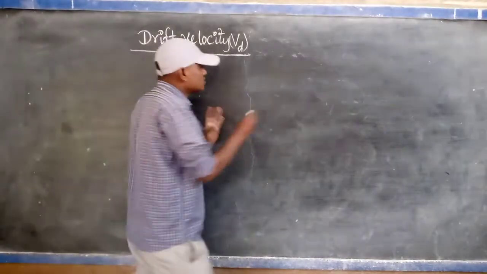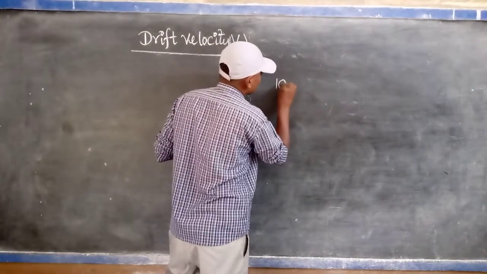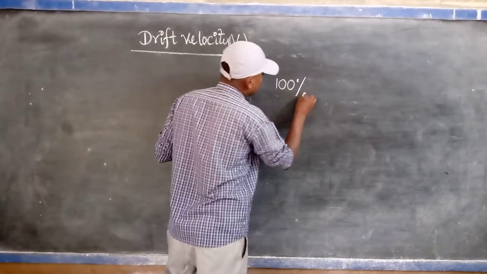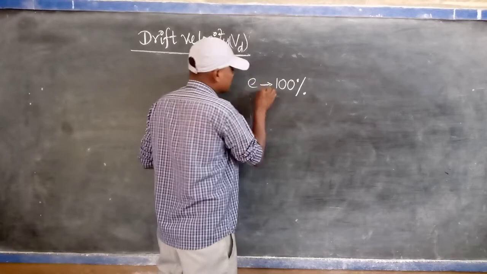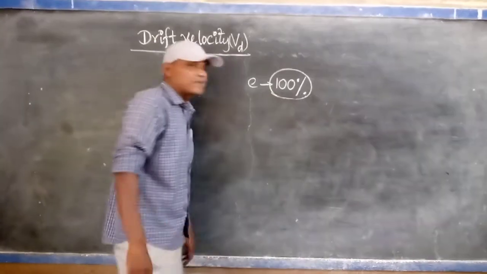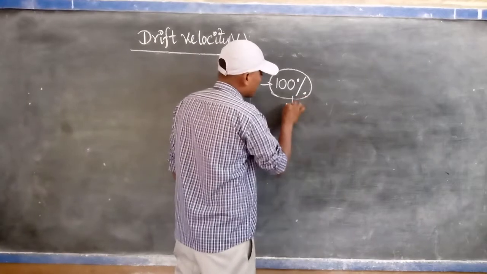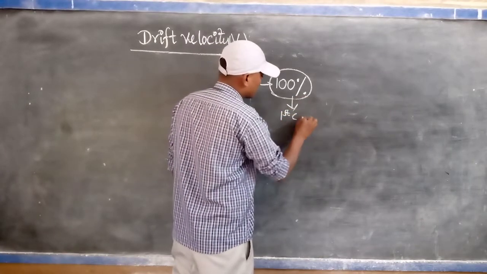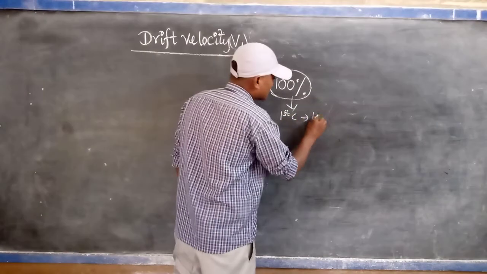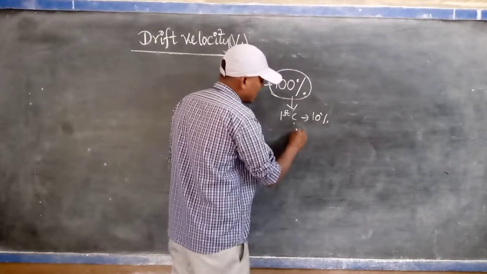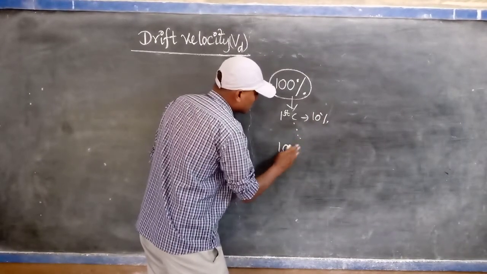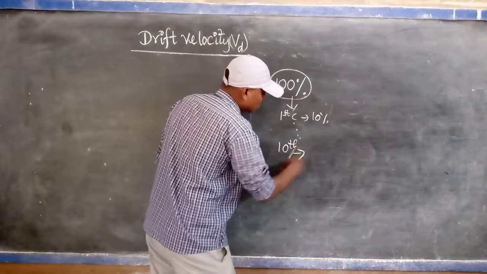For example, simply I will tell you, if you consider one electron, its initial energy is 100%. Just consider that due to the first collision, it loses 10% of its energy. In the same way, after the 10th collision, what will happen?